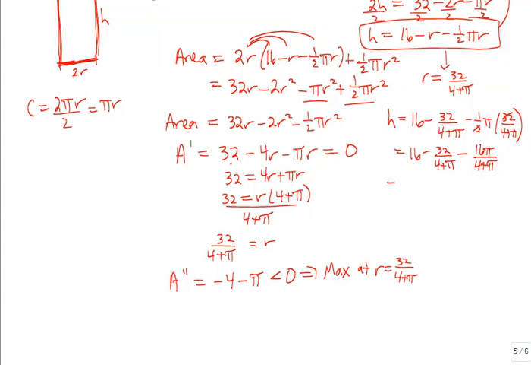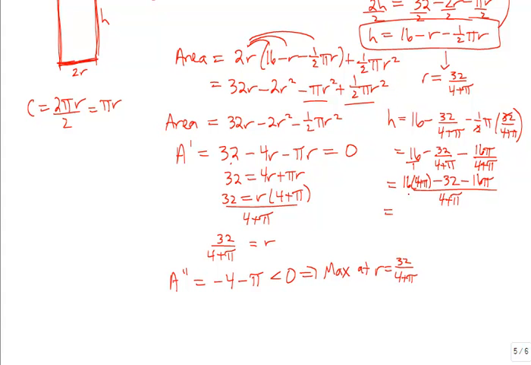And I just need to get a common denominator here of 4 plus pi. So that means since the 16 was essentially over a 1, I have to multiply that 16 by 4 plus pi on the top and the bottom to make it equivalent. So I just got a common denominator there, and then these two fractions already had the common denominator, so I can just use their numerators unchanged.